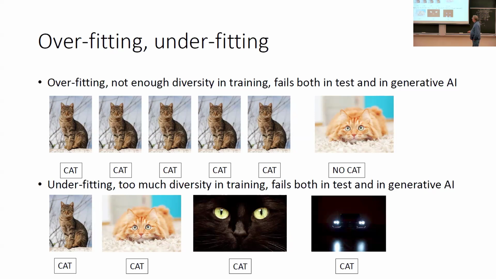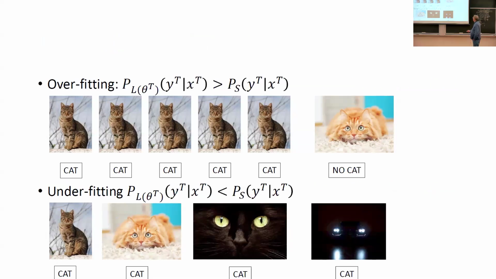So seeing whether training is overfitting or underfitting is an important issue in machine learning. What I want to show you is that you can give a mathematical model of overfitting and underfitting. The mathematical model is more complicated, but in our case, L of theta t is the model you select after the training.